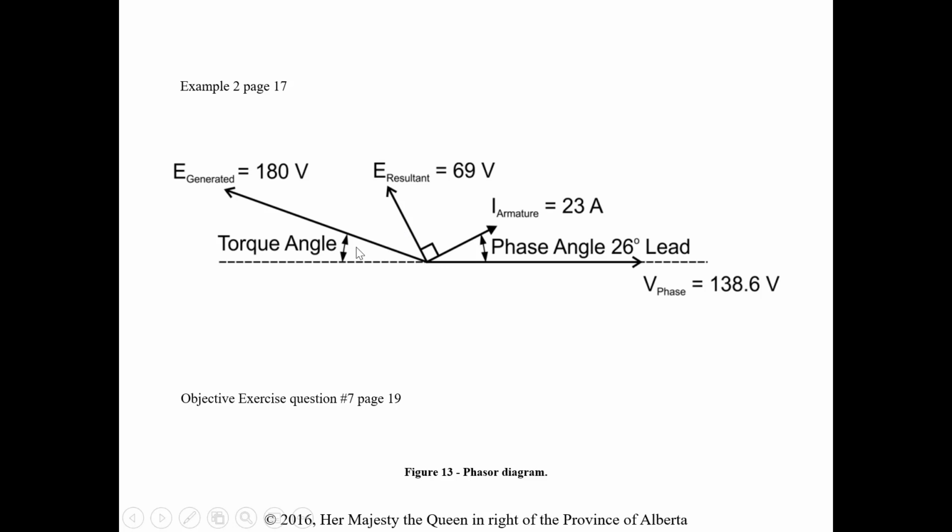The fact that this torque angle is decreased, it's going to pull the E resultant off a little bit. In our last example, it was right at 90. Now it's leaning more towards here because our torque angle is decreased. We still have to show this 90-degree relationship between the E resultant and the phase current.